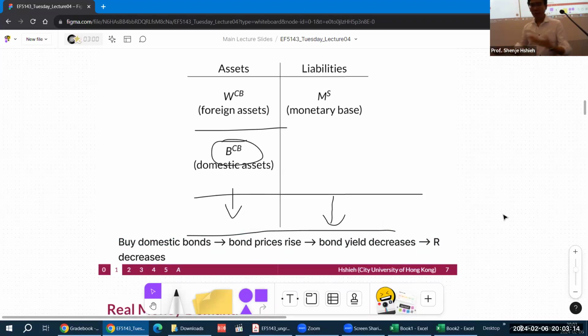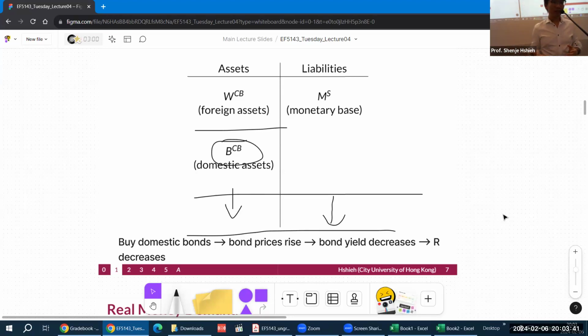So now you know how quantitative easing works, right? Quantitative easing literally means large-scale asset purchases to move interest rates downward towards zero. And when you do that, obviously bond prices rise for sure because you're going to buy those domestic assets. When bond prices rise, the mechanical relationship between price and bond yield means the yield decreases.